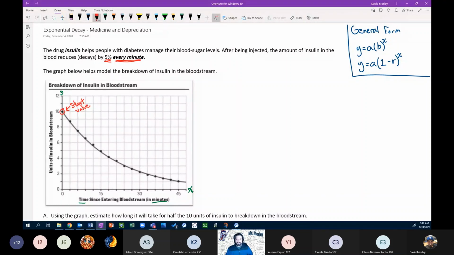That's how many units of insulin will be left after 1 minute. Yes, Gatlin. But in general, what proportion of the insulin is left over after 1 minute? We were given this 5% here as the amount lost, the amount broken down. So what portion is left over?